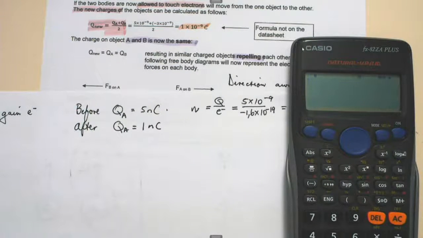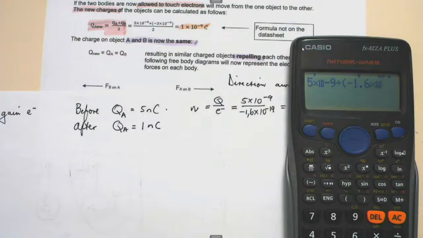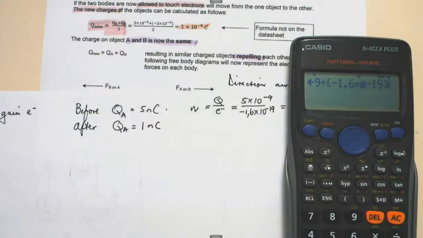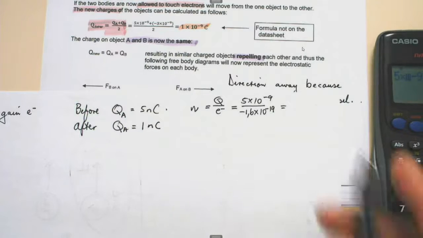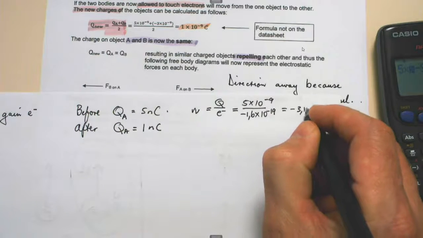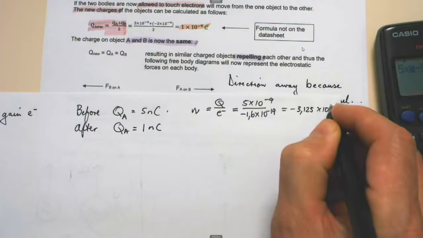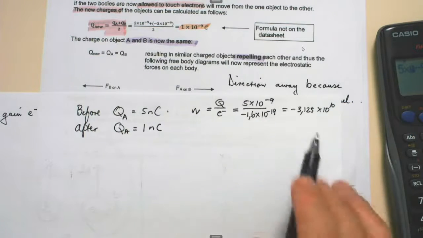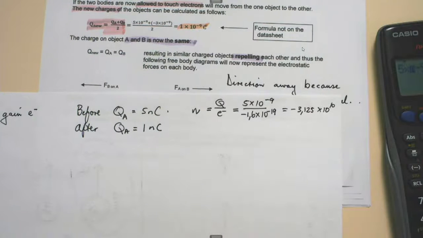So let's just clear it. It will be 5 times 10 to the power minus 9 divided by negative 1.6 multiplied by 10 to the power minus 19, close the brackets, okay, and my answer is equal to minus 3.125 times 10 to the power 10, and that's the number of electrons that it initially had protons more than electrons.